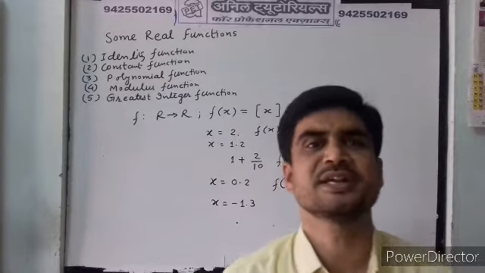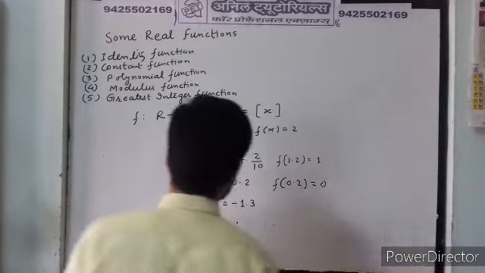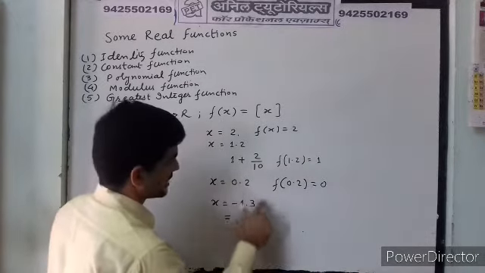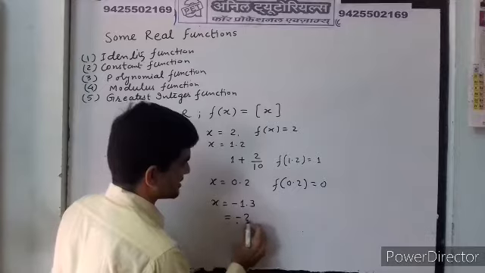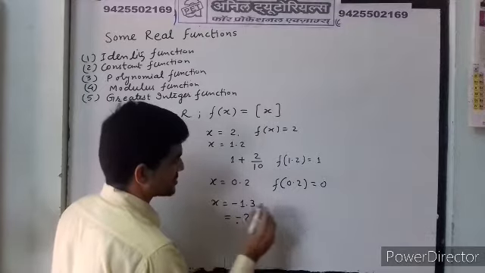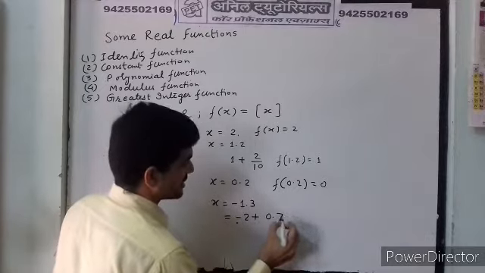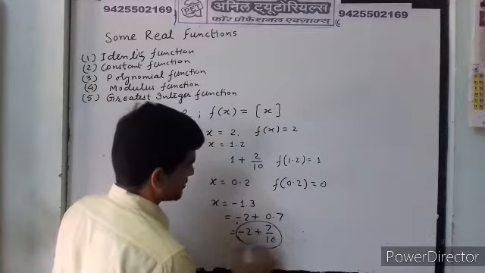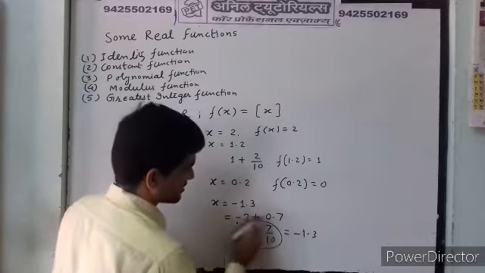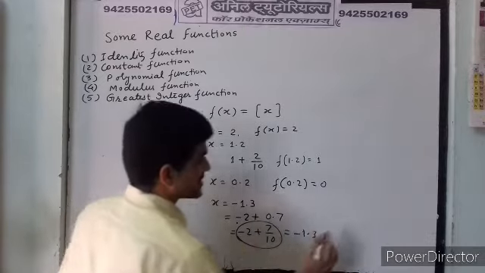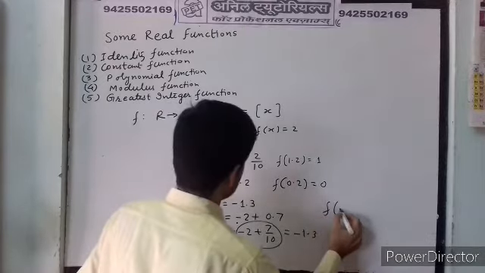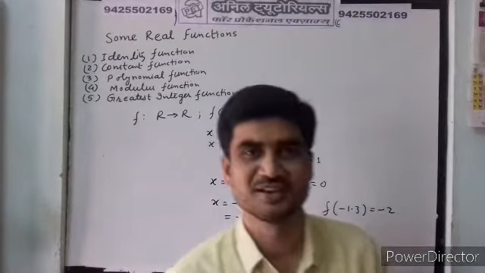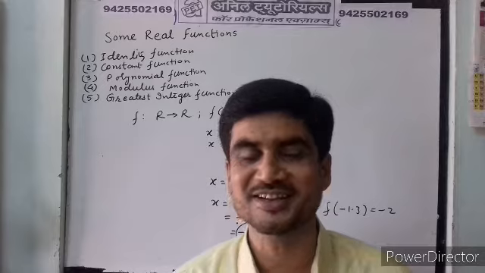So minus 1.3, its integral part is minus 2. Okay, this number we can express like this. It is a combination of minus 2 and 0.7, meaning minus 2 plus 7 by 10. This is equal to minus 1.3. So its integral part is minus 2. So when you write f of minus 1.3, you will get minus 2. Is it clear?